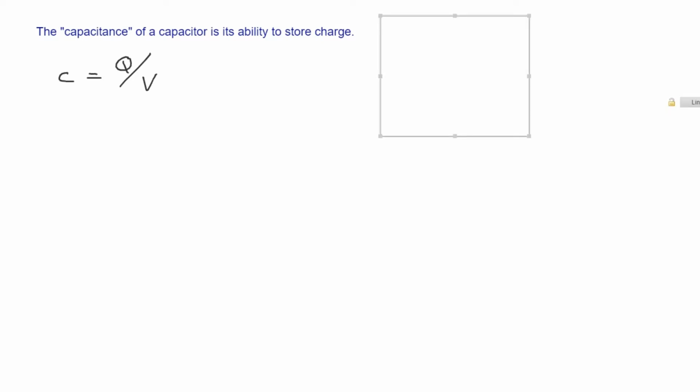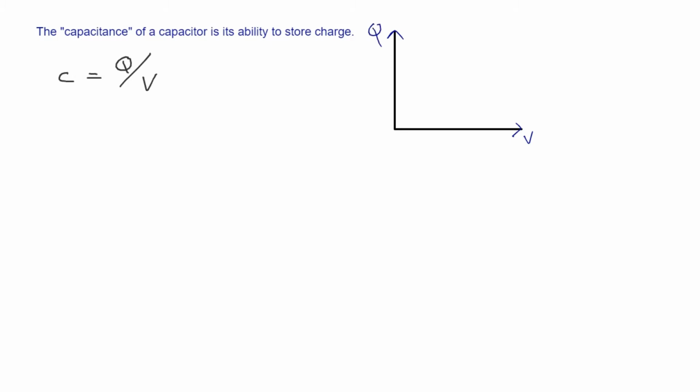So if we plot a graph of this situation, the more volts we put between the two plates, in other words the bigger the power supply we use to charge a capacitor, the more charge we store, and they're directly proportional.